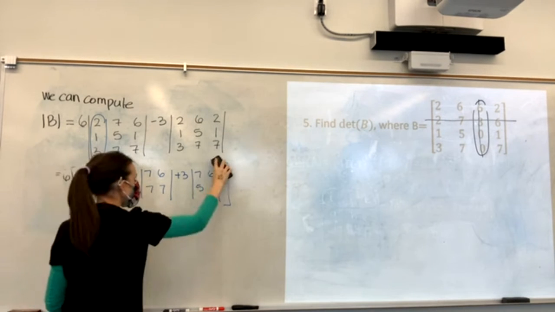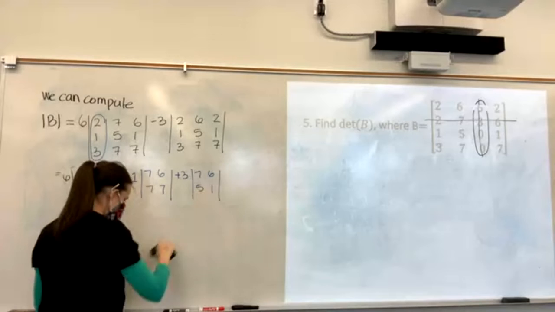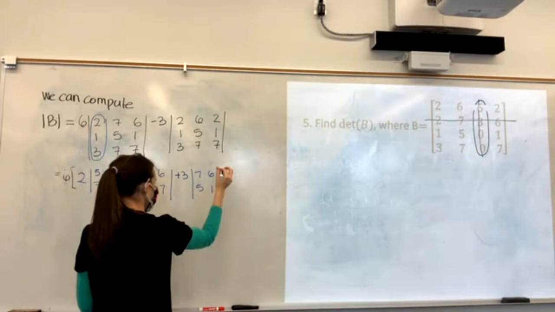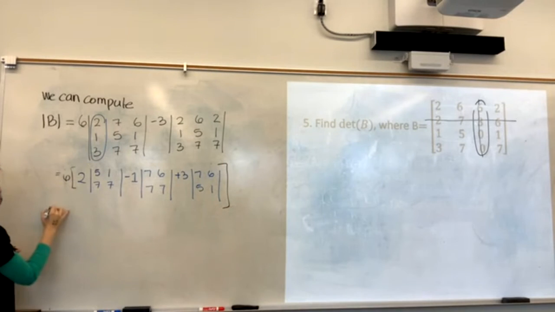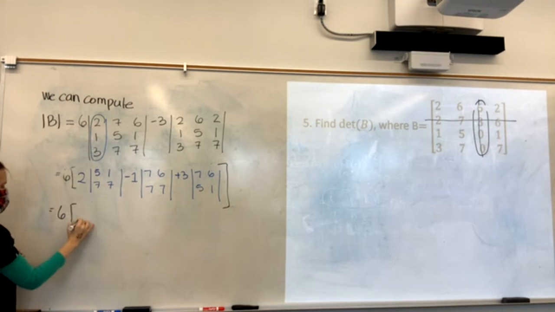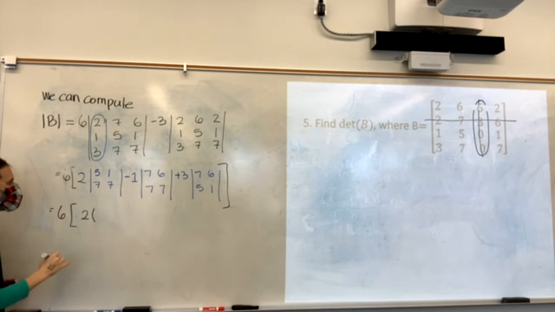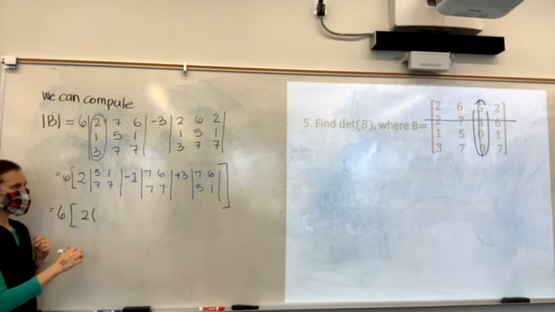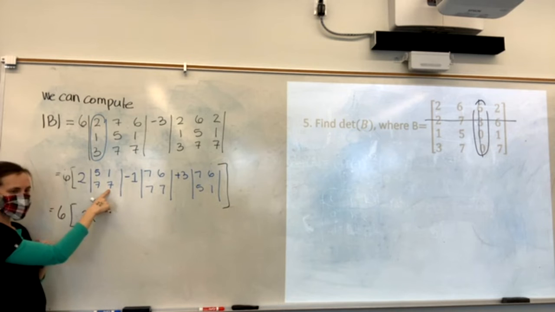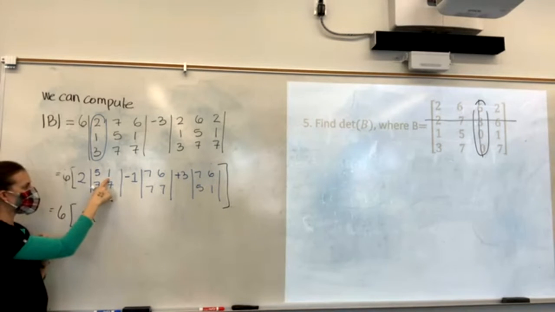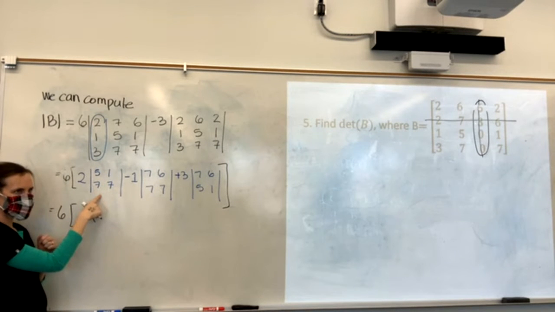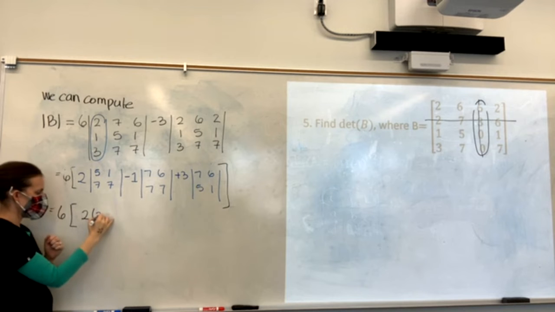All right, so let's do this piece together, and then let's all do the second half, and then we'll put it all together. Agree. All right, so let's see. So I have 6 times 2 times, all right, so this is 35 minus 7. So that's what, 28?